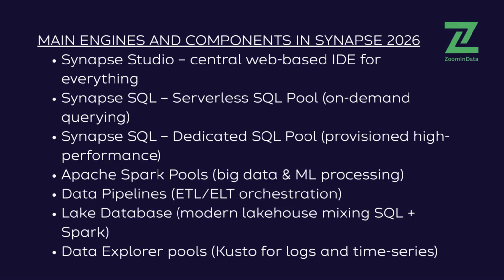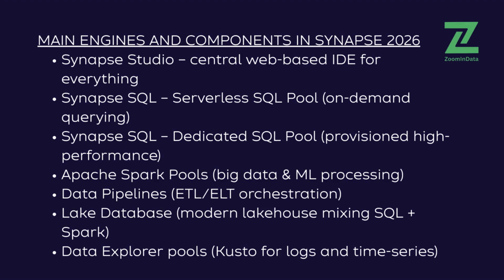These are the main engines and components in Synapse in 2026. First, Synapse Studio, the central web-based hub for everything. Then Synapse SQL has two parts, Serverless SQL pool for on-demand querying, and dedicated SQL pool for provisioned high performance.